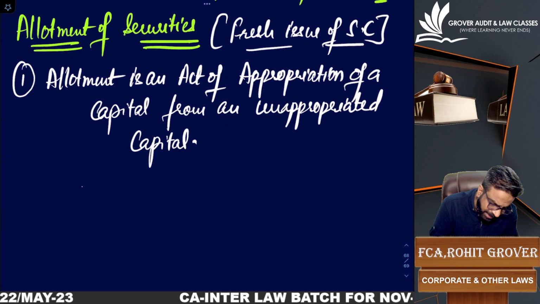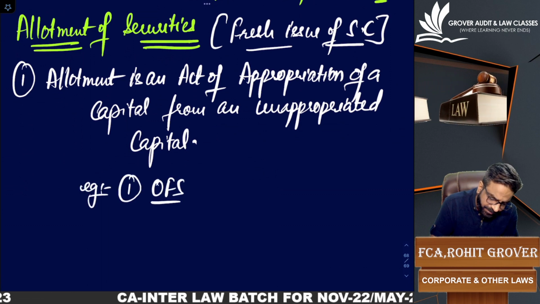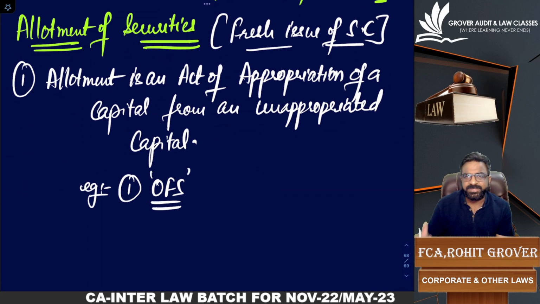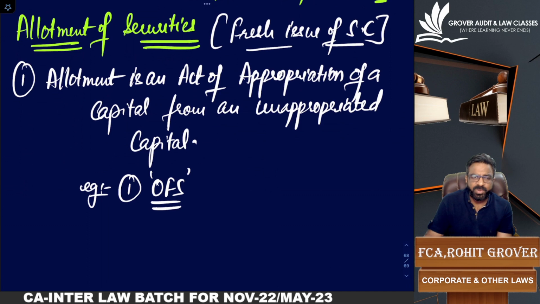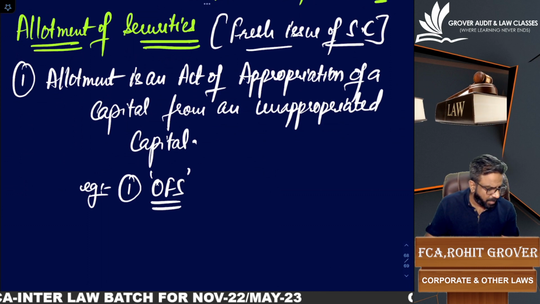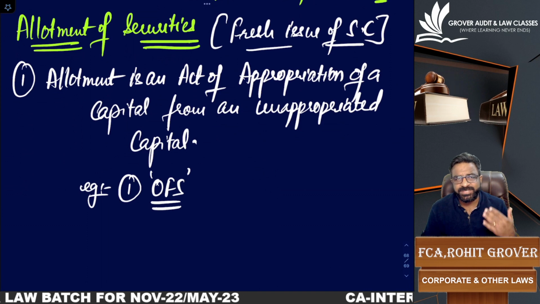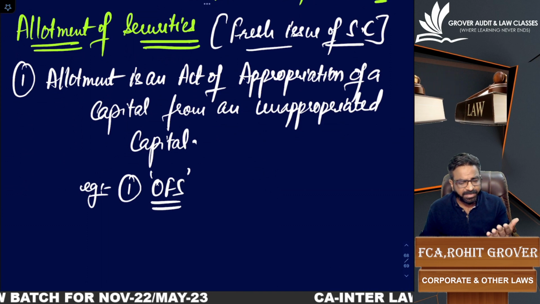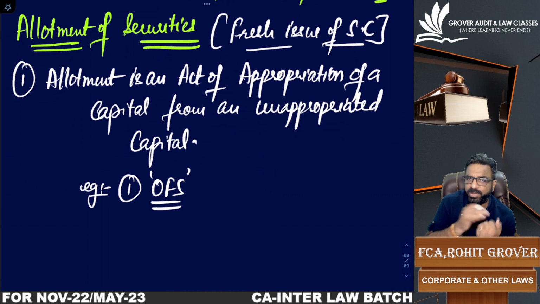Can anybody tell me what you mean by OFS? I told you OFS. OFS means offer for sale of securities. Do you remember? In the public offer, I told you three things: IPO, FPO, OFS.